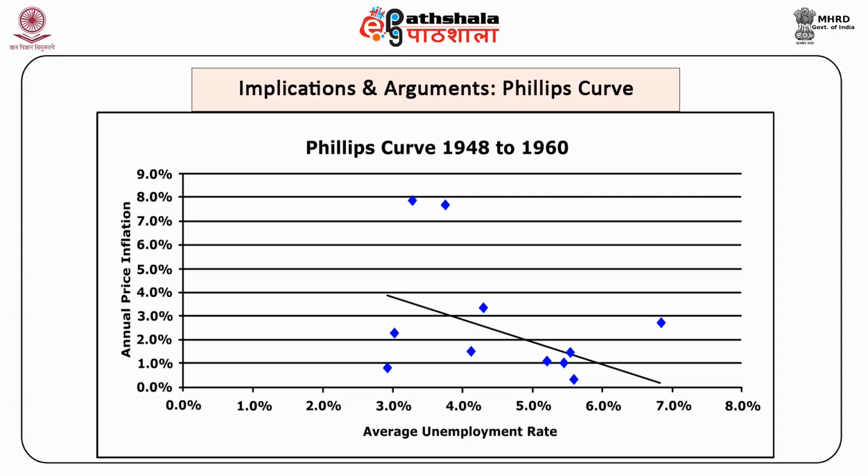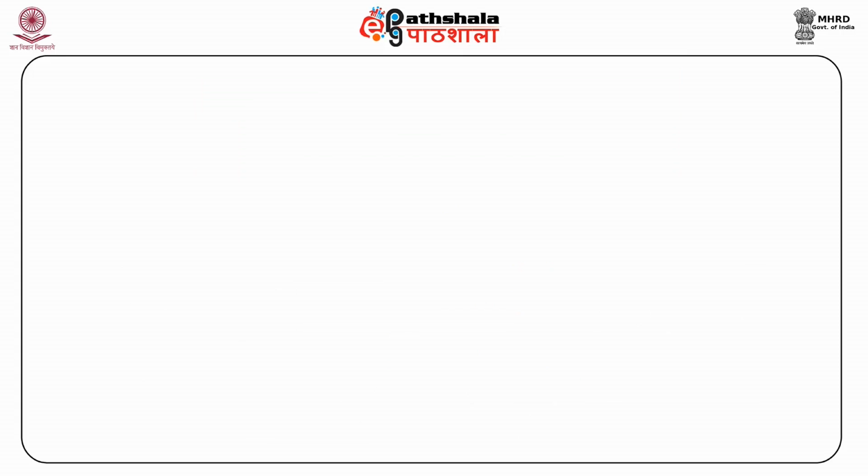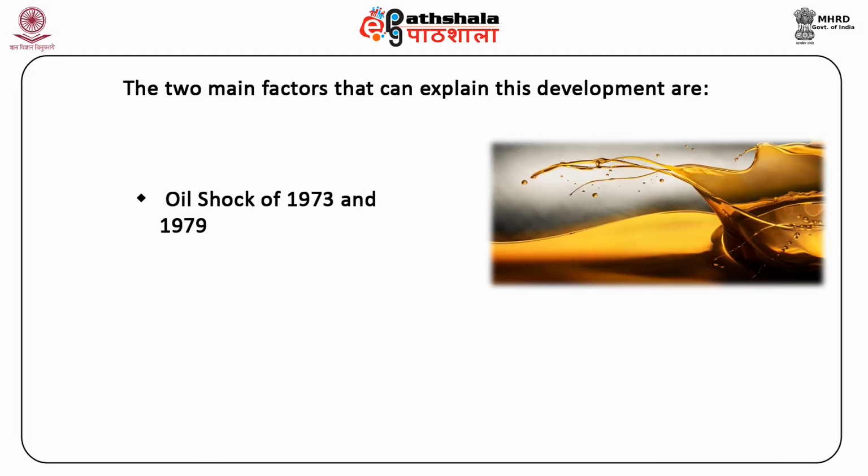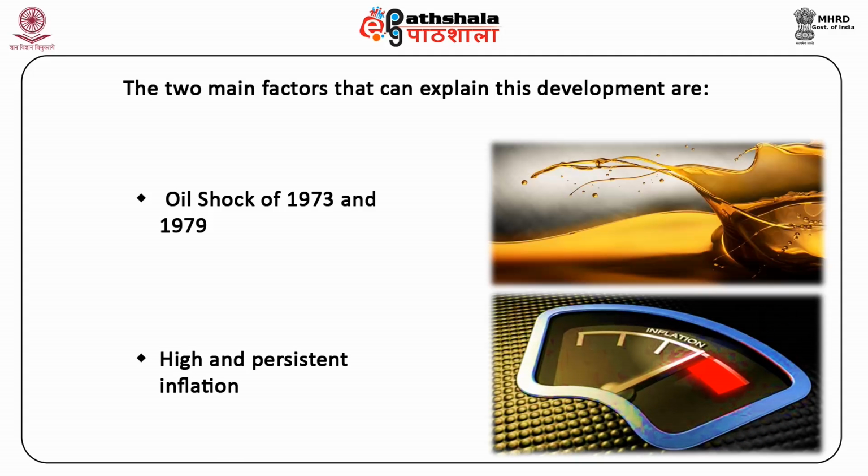However, the simple relationship between inflation and unemployment disappeared in the 1970s. Two factors were important in explaining this development. First, the oil price shock of 1973 and 79, and second, high and persistent inflation. Let us look at them in detail.